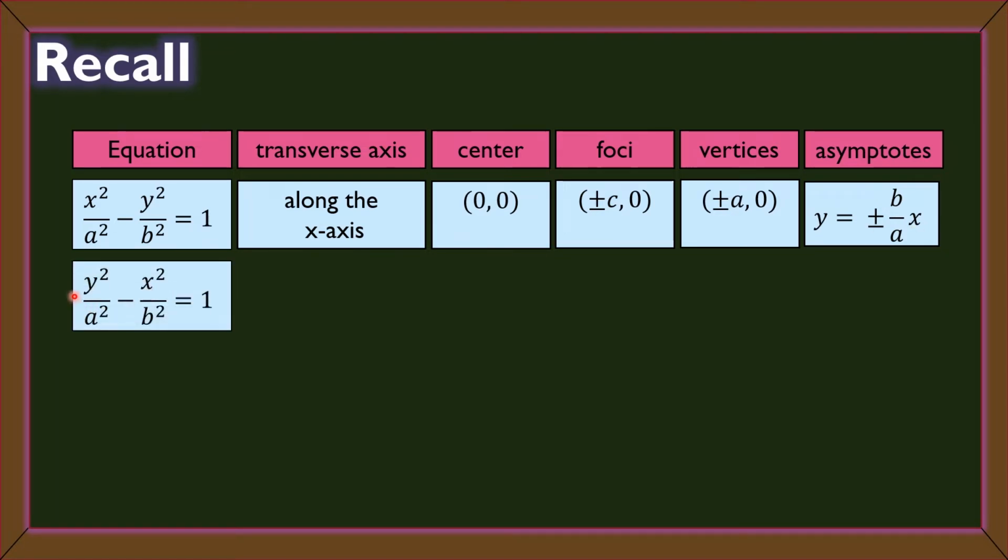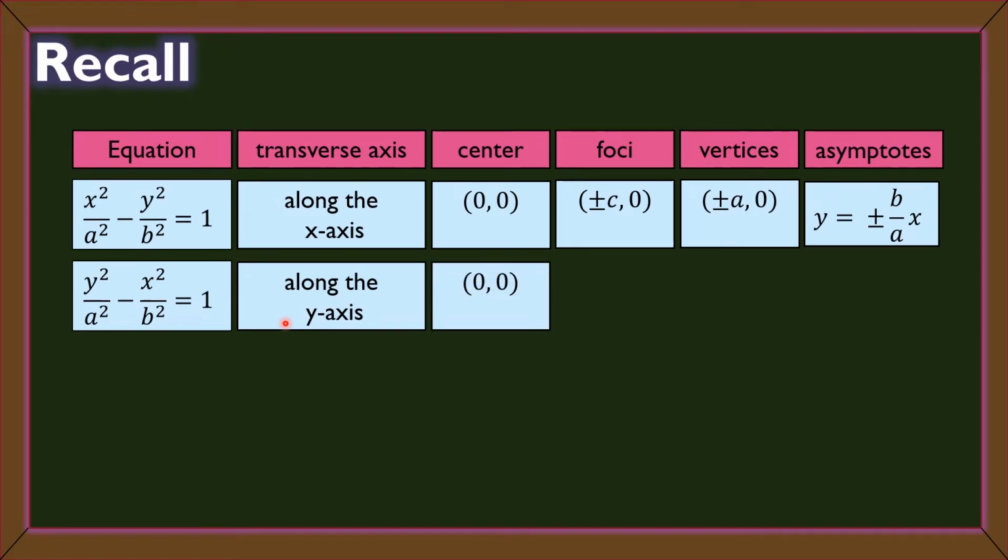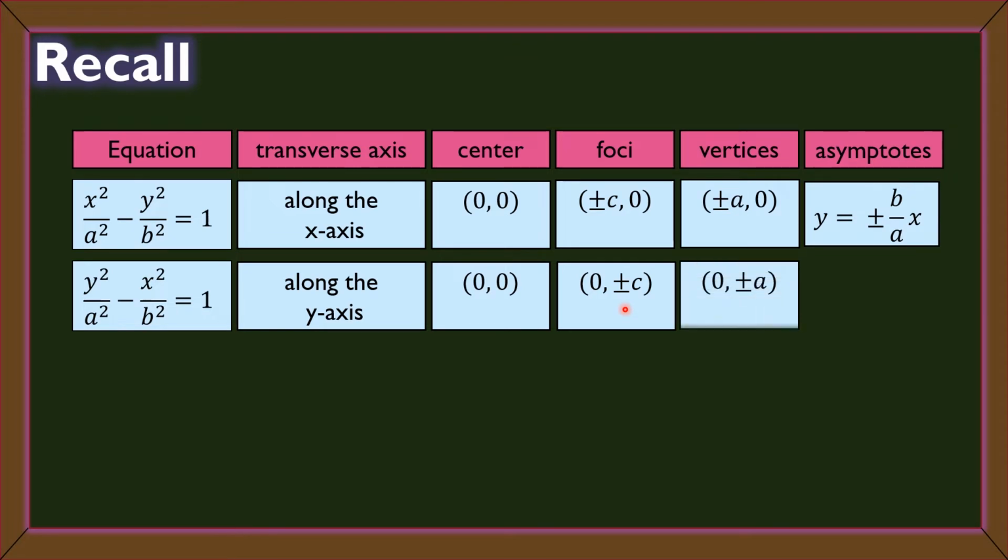Also, when the equation of the hyperbola is given by y squared over a squared minus x squared over b squared equals 1, the transverse axis is along the y-axis, the center is still at the origin (0, 0), and the foci have coordinates (0, ±c). The vertices have coordinates (0, ±a). And the equation of the asymptotes is given by y equals plus or minus a over b x.